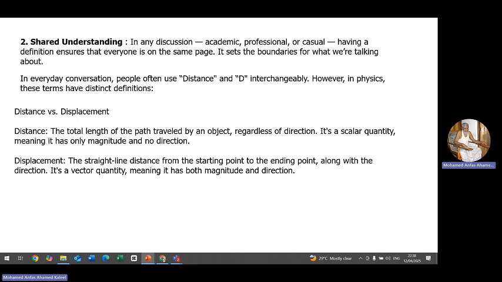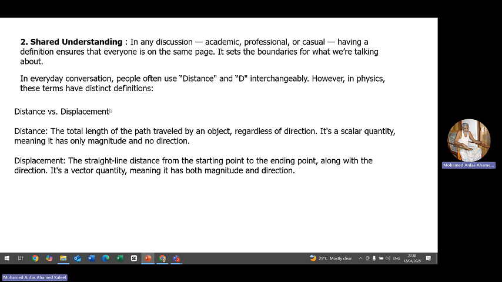For example, in everyday conversation, people often use the words distance and displacement as if both are the same. But their definitions vary.